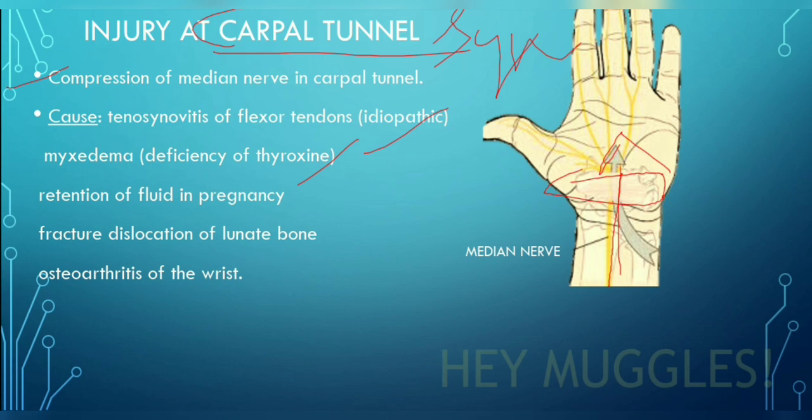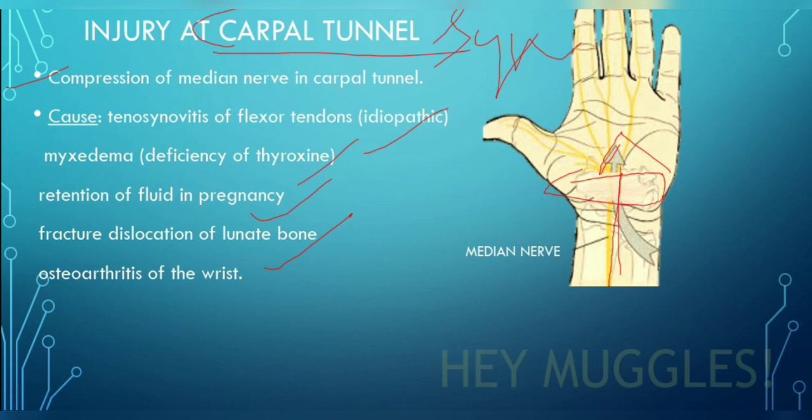or retention of fluid in pregnancy. In some women in pregnancy, there can be swelling of the peripheries, that is the hands and feet, which can also lead to compression of the median nerve in the carpal tunnel. Then there can be fracture dislocation of the lunate bone, or osteoarthritis of the wrist.